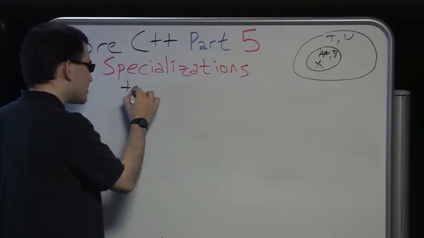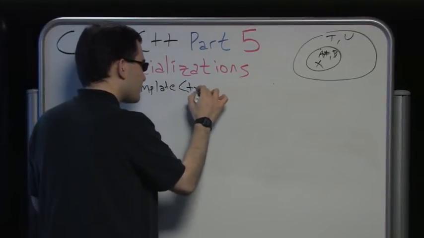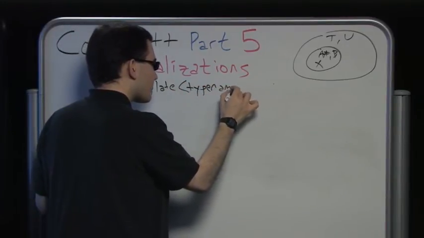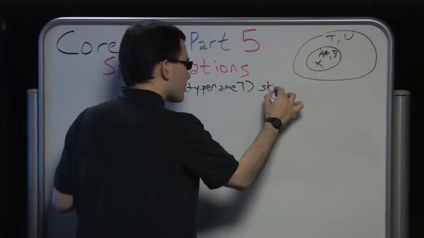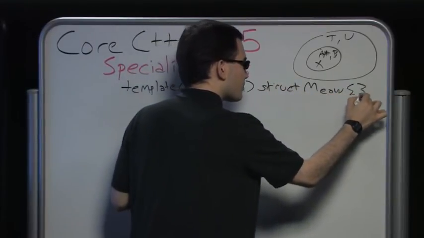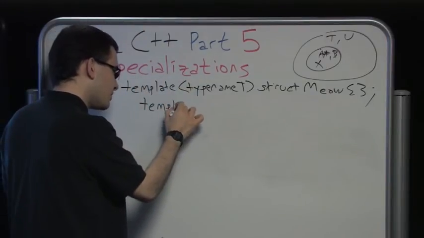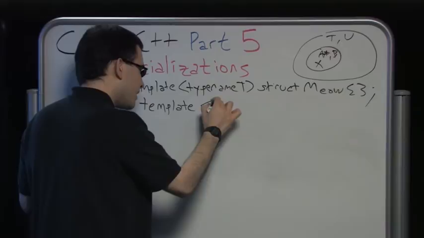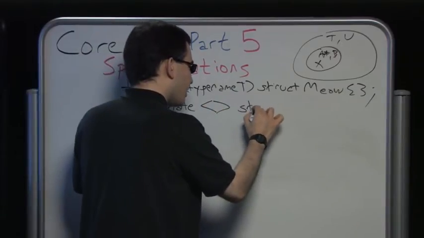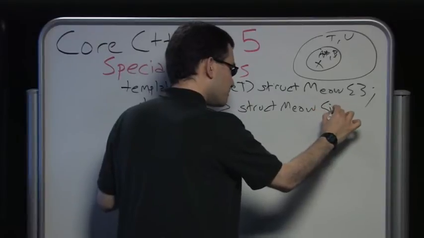So if I've got template typename T, struct meow, then if I say template, I'll just spell everything out in full here, empty angle brackets, struct meow for int.